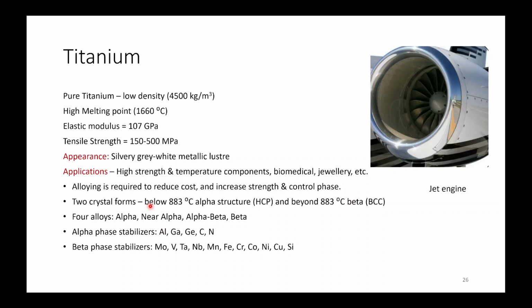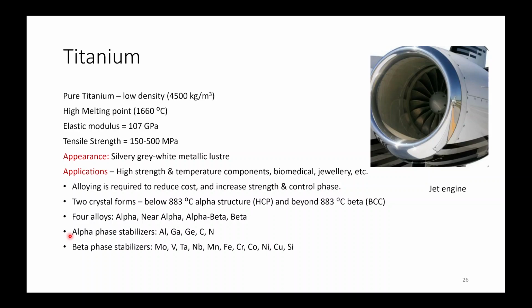Below 883 degrees C, it has the alpha structure, which is HCP, and beyond 883 it has the beta structure, which is BCC. So there can be four titanium alloys: alpha, near alpha, alpha-beta, or beta, depending on the alloying element or its percentage.